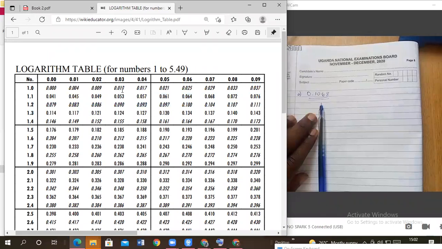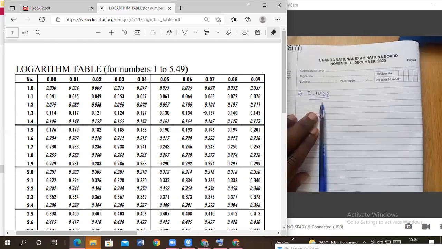So can we read that number? Where is 0.1? This one is 0.14, and the one we have is 0.168.